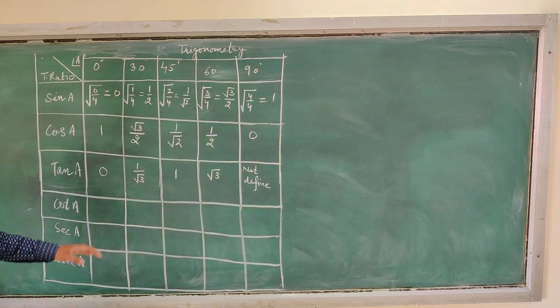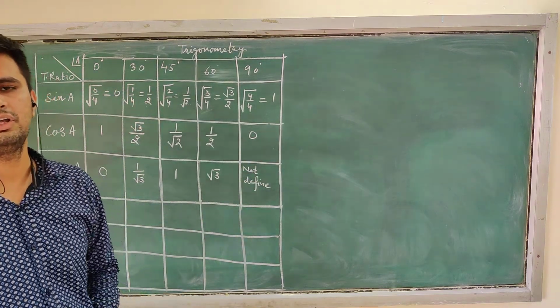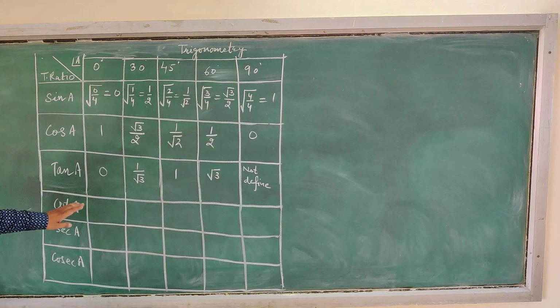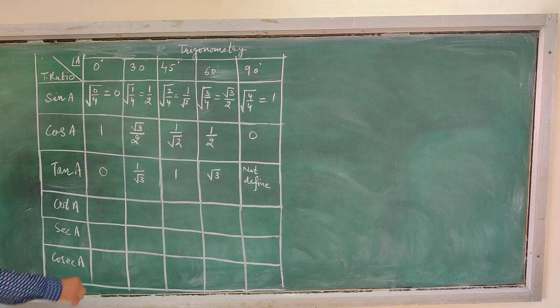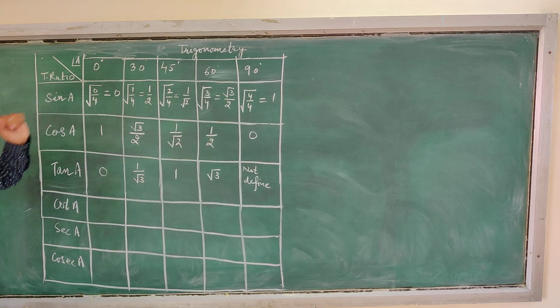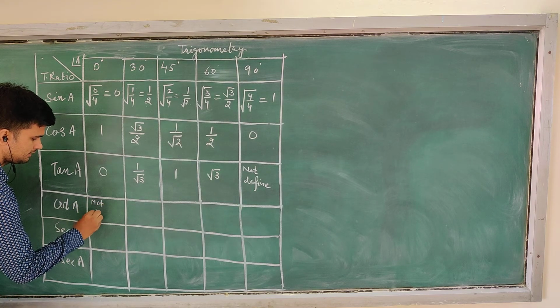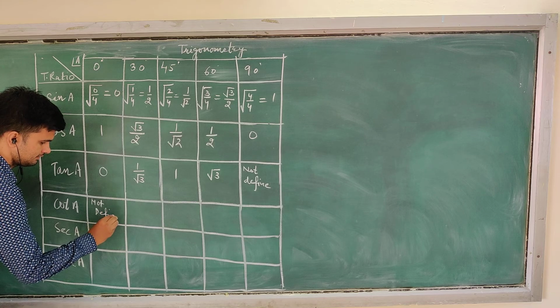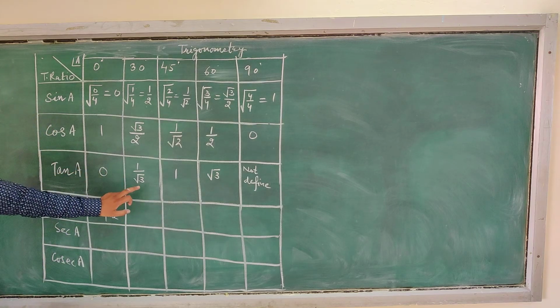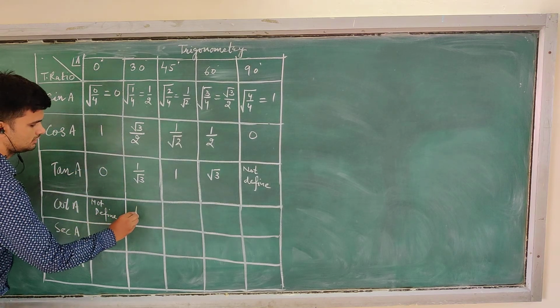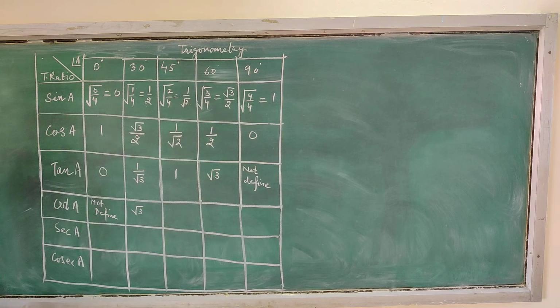Right? And in a previous exercise we have discussed that cot is the reciprocal of tan. So if tan A is 0, 0 means 0 by 1. Then cot A should be 1 by 0. So 1 by 0 means it is not defined. If tan 30 is 1 by root 3, then cot 30 is root 3.